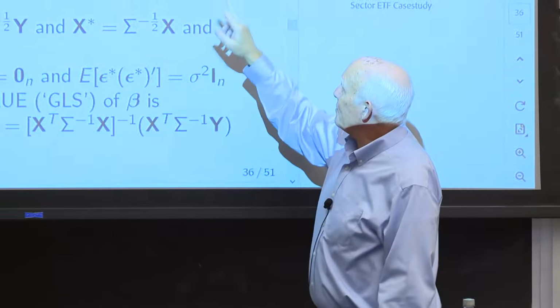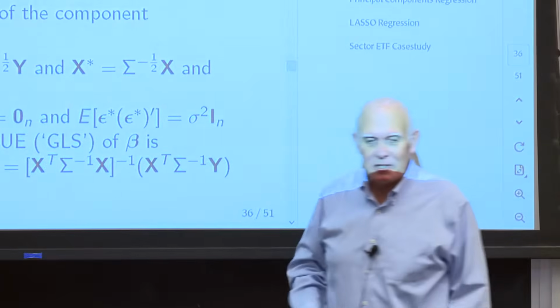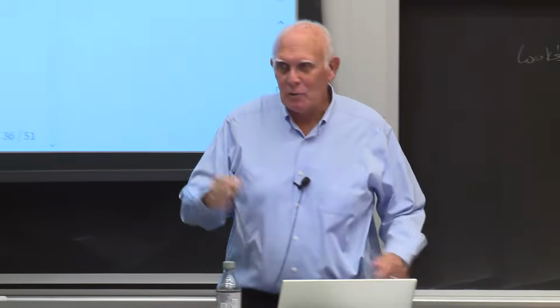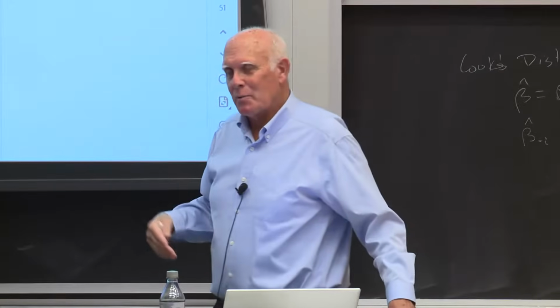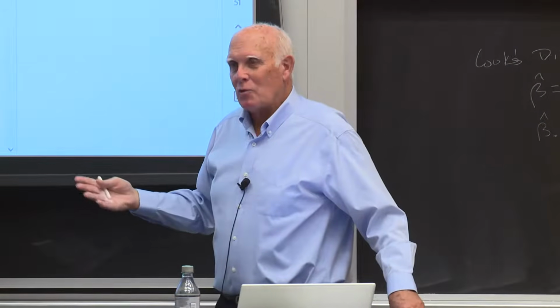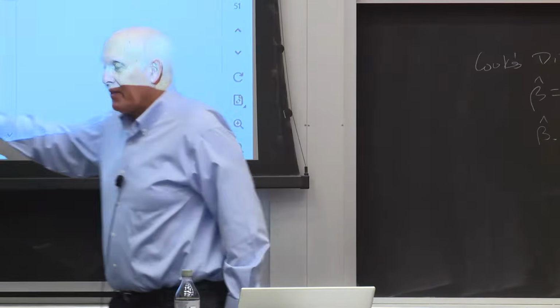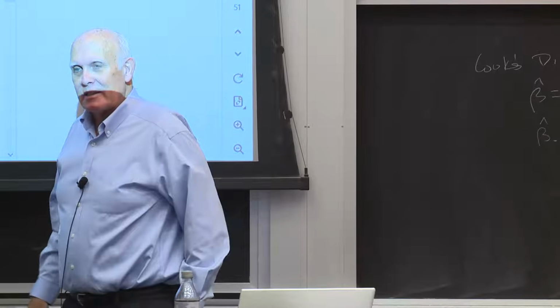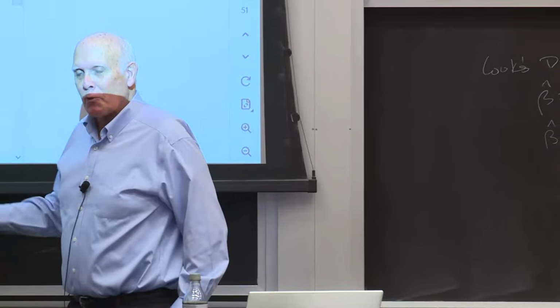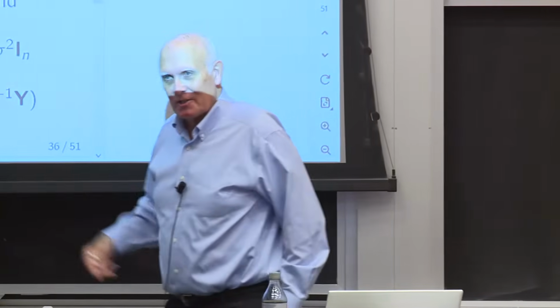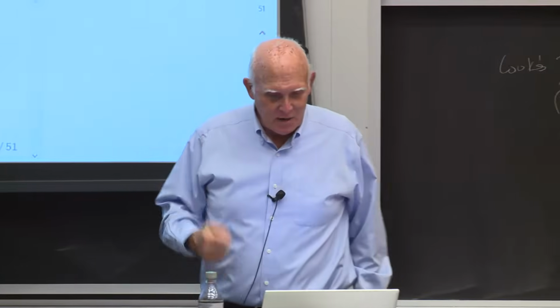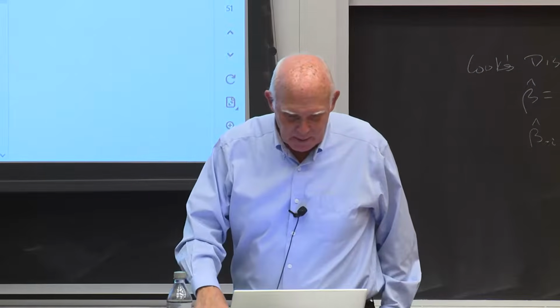So if this sigma matrix, in fact, were diagonal with different variances, we would be downweighting those cases with high variance and performing the least squares computations in a weighted way. So that's the generalized least squares estimate.